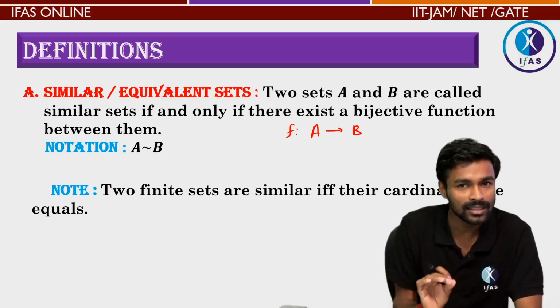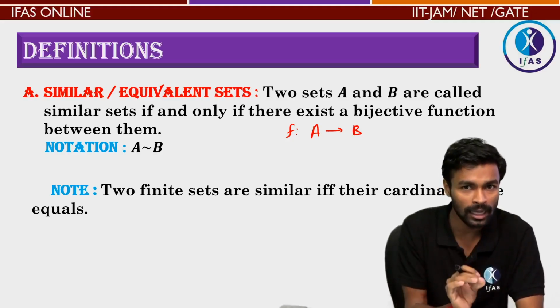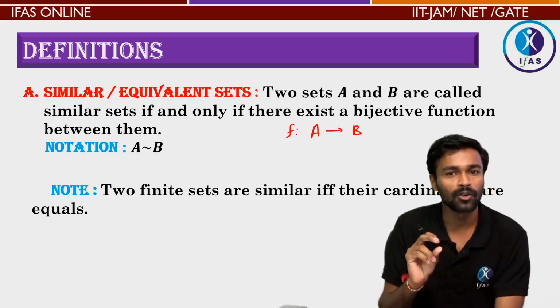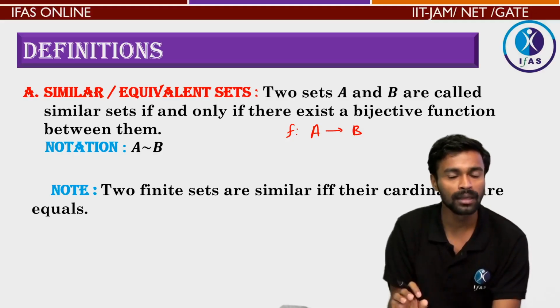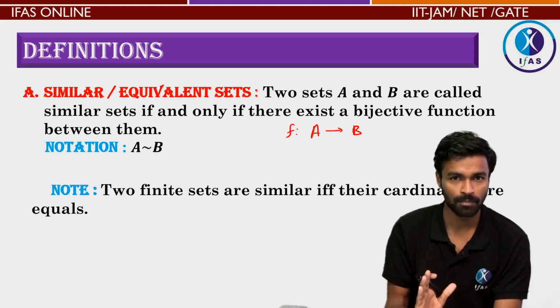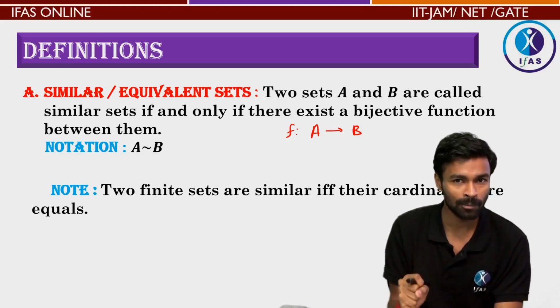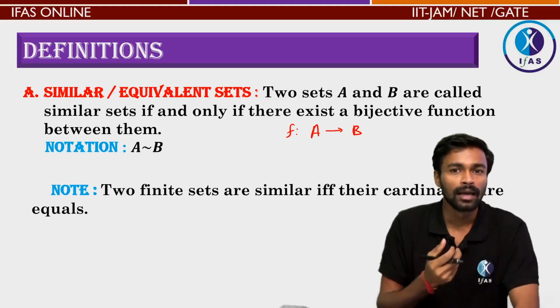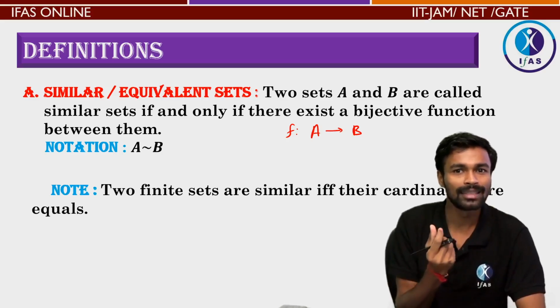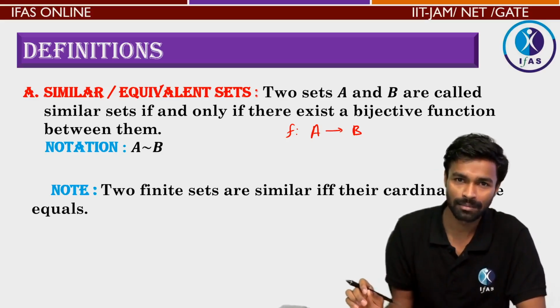It is not necessary that all functions from set A to set B are bijective functions. If I find some constant function from A to B, it is not necessarily bijective. It is a function, but not bijective. But if I'm able to find at least one bijective function from set A to set B, then the two sets will be similar sets.